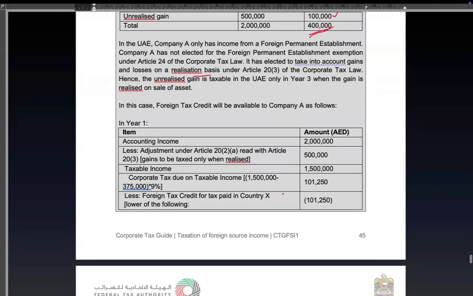So for the first year, you will be eliminating it and will not be taking the foreign tax credit. Second year, you will be eliminating it and not taking the foreign tax credit. In the third year, you will include the income in your taxable income and you will take the foreign tax credit as well. As I told you, whenever the foreign source income is considered for tax purposes in the UAE, you will be able to take the foreign tax credit, otherwise you can't.